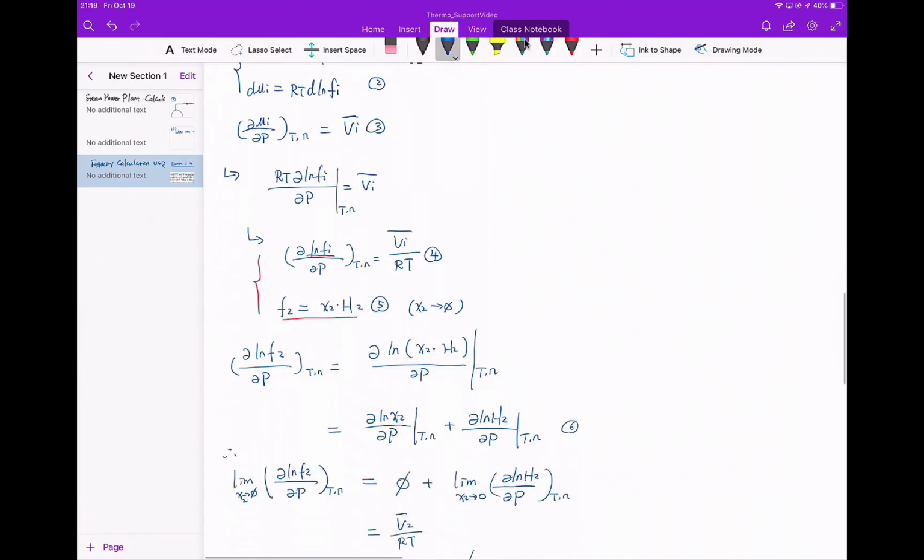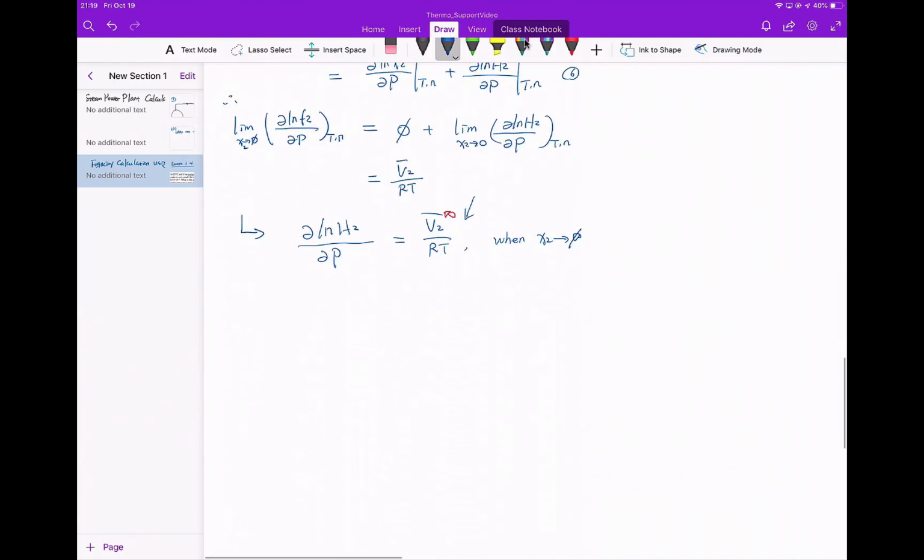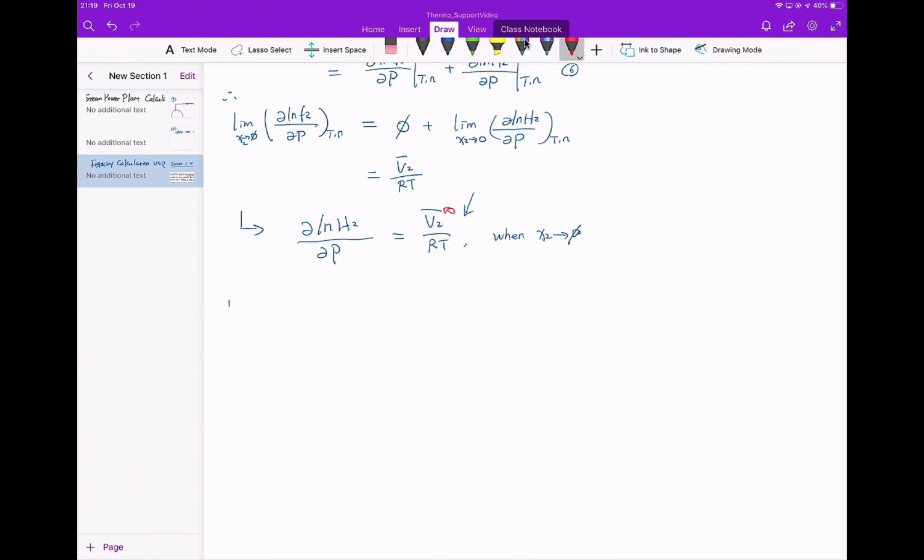So this is why we decided to run this integration from P initial, P1 sat, to P final.